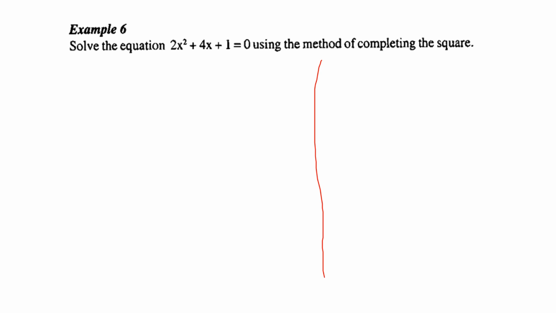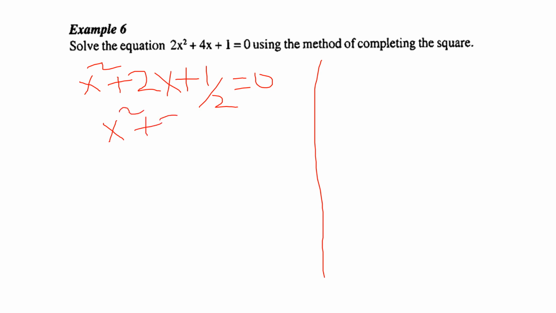So you divide by 2 all through, and we shall be left with x squared plus 2x plus half equals 0, and then from there we can subtract the half on both sides. So we shall have x squared plus 2x equals negative half, like that.